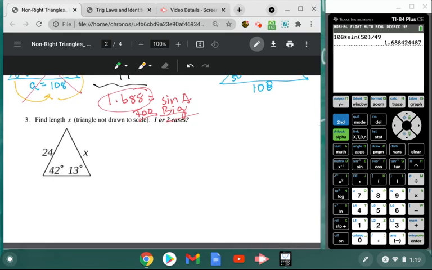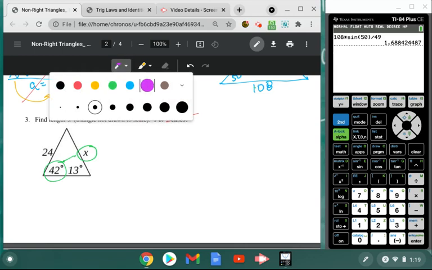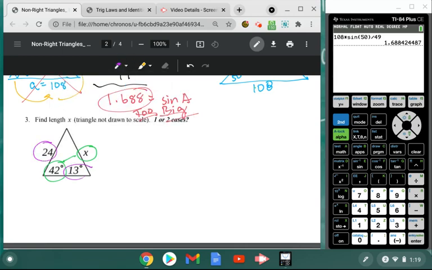These are not drawn to scale, obviously. It should be more equilateral, but it's not. Here we want to find length x. As I use my law of sines, I have a side and its opposite angle, and these go together in a ratio; for the other two, I also have a side and an opposite angle.